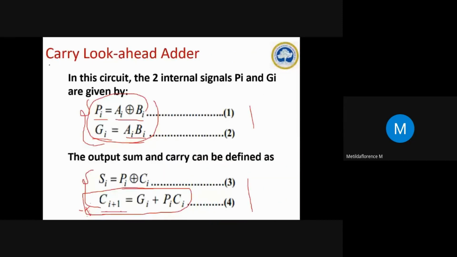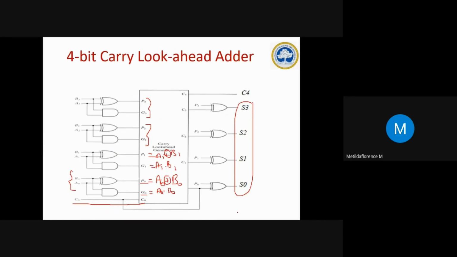Si equals Pi XOR Ci. So for example, S0 equals P0 XOR C0. Example, S1 equals P1 XOR C1. So with this knowledge, we will draw it there. Now, what is S0?